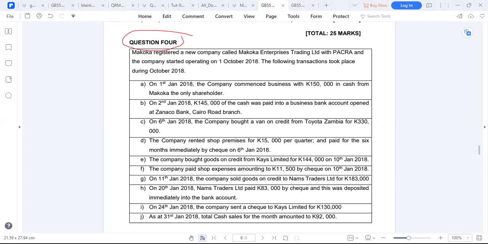So we know that this is a fundamental aspect of accounting, where we need to know how to cross from the T accounts to the trial balance, then formulating the income statement.